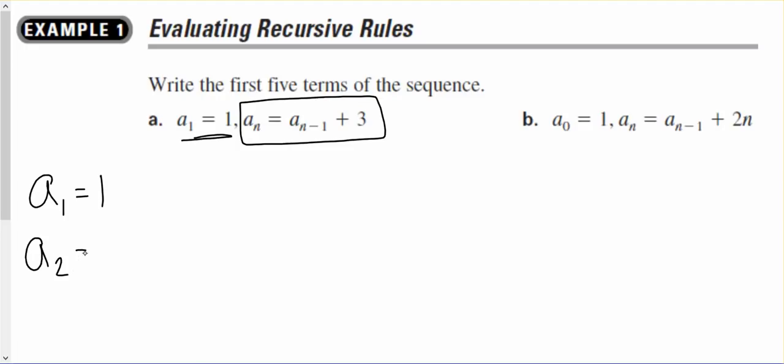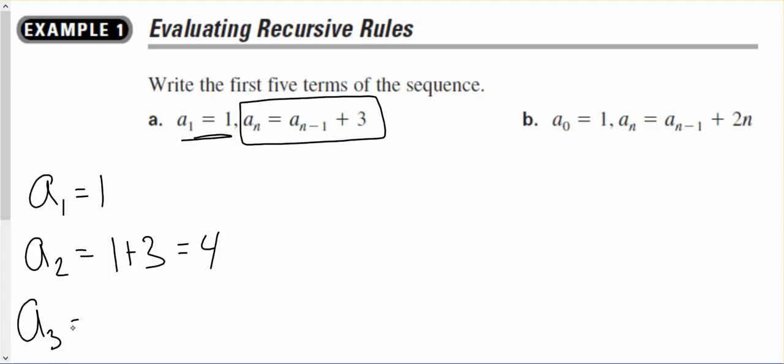And term 2, this says that term 2 is going to be my previous term plus 3, is all that means. So what was my previous term? Well, it was a 1. So what's 1 plus 3? That's what this means here, my previous term plus 3. So my second term is 4.